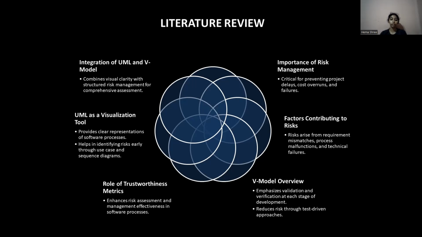These diagrams offer a detailed view of software operations, enabling early identification of threat points and the development of more targeted risk mitigation strategies. This combination of UML utilization and V model provides a robust framework for managing risk in complex software projects.